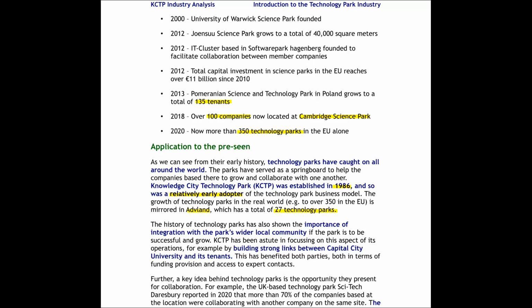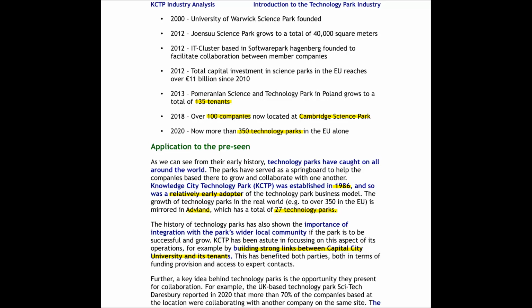Further, the history of technology parks has shown the importance of the park integrating with its wider local community. So Knowledge City Technology Park has done this by building strong links between itself, its tenant companies, and the nearby Capital City University. So this relationship has benefited the parties involved, both in terms of acquiring more funding and also access to expert contacts.